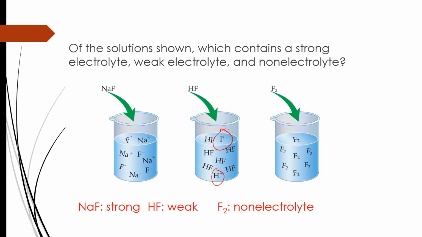And then F2 is considered a non-electrolyte because none of it has turned into ions. That's what you're looking for in a diagram like this. A strong electrolyte won't have any of it stuck together. A weak electrolyte will have some ions and some stuck together present, and a non-electrolyte will have none of them separated as ions.